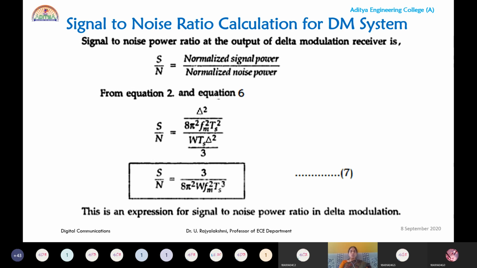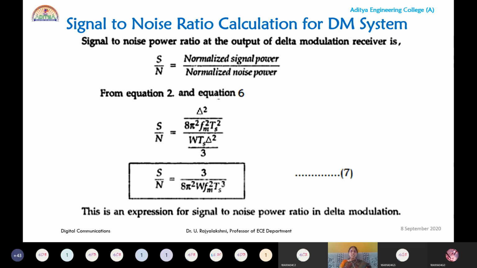So we got the signal power as delta square by 8 pi square Fm square Ts square, divided by the normalized noise power when the low pass filter cutoff at the receiver is not equal to the cutoff at the transmitter section. At the receiver we have a cutoff of W, so that's why W into Ts into delta square by 3.